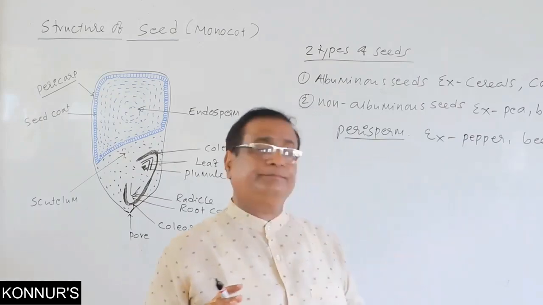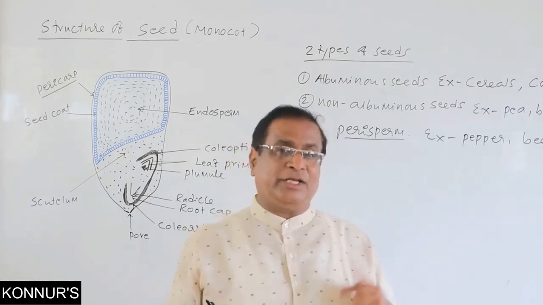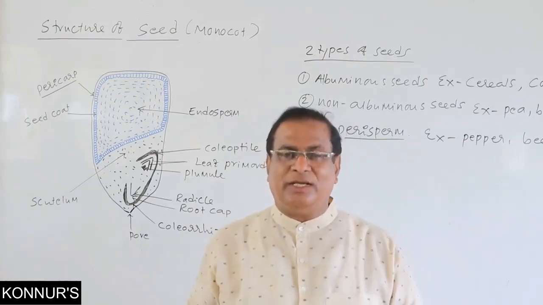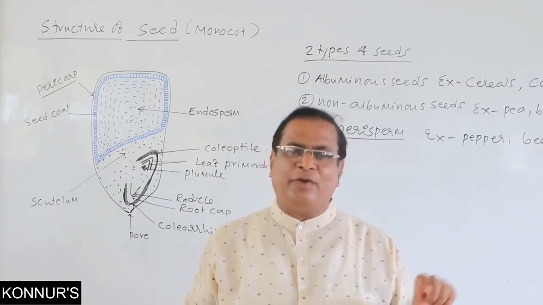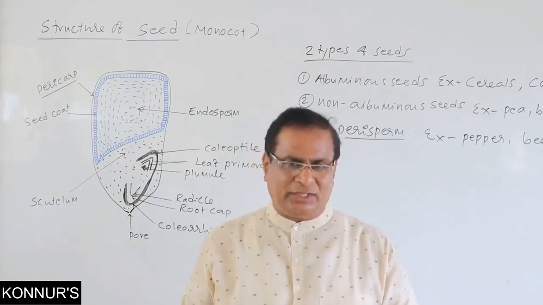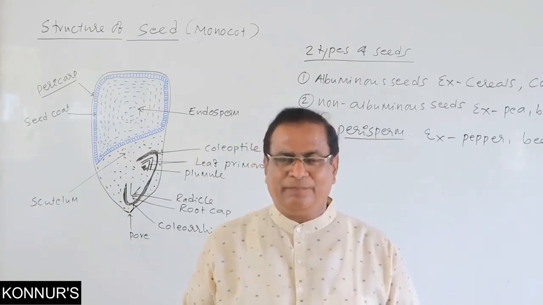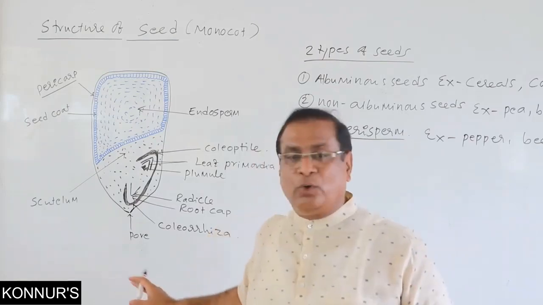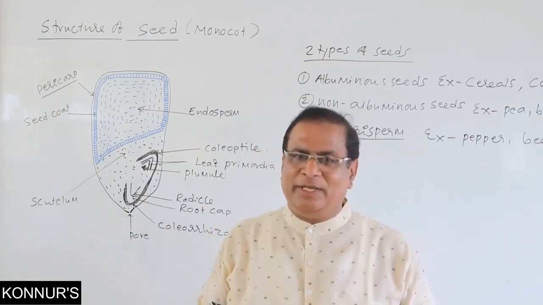And once they enter into the dormancy period, their next germination starts when they get favorable conditions like moisture, oxygen and suitable temperature. They get the water and oxygen through the small pore and they start germinating.